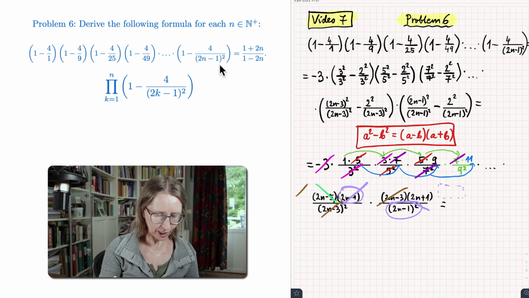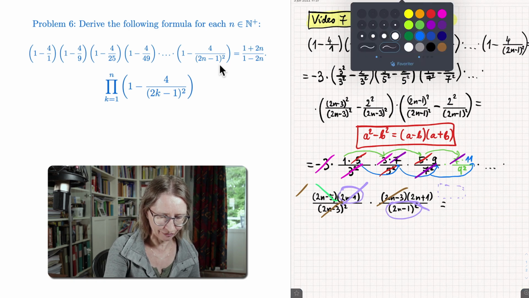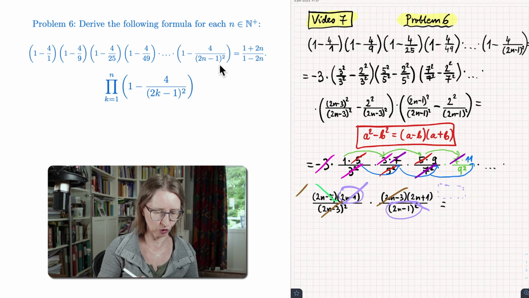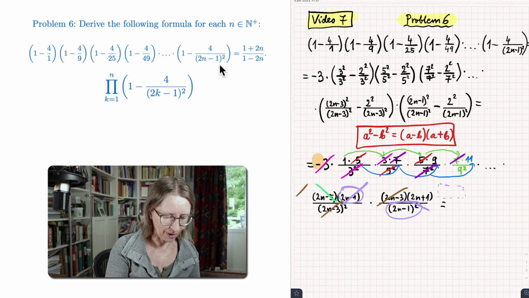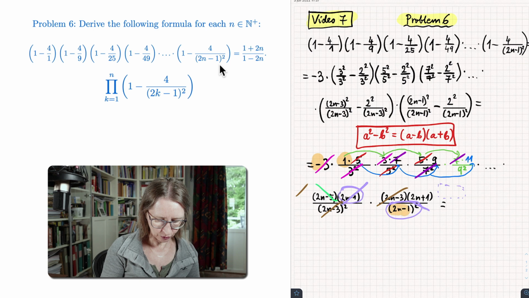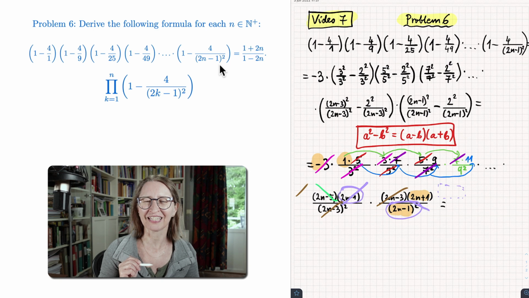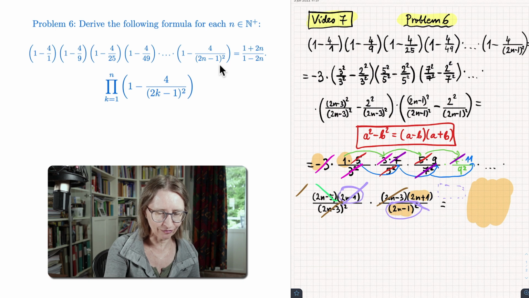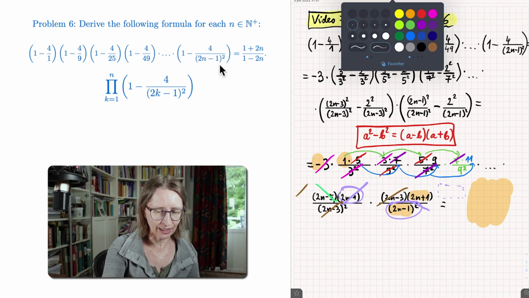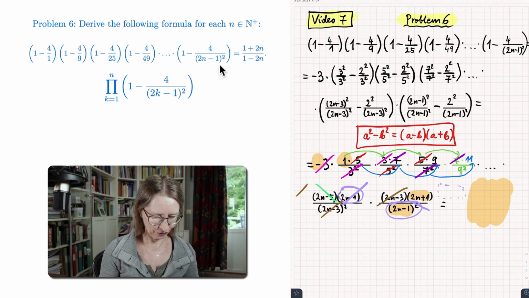Okay, so altogether, what is left from this entire product, what is not cancelled, is this minus sign, 2n minus 1, and 2n plus 1. So this is the only thing that is left from this entire large product.